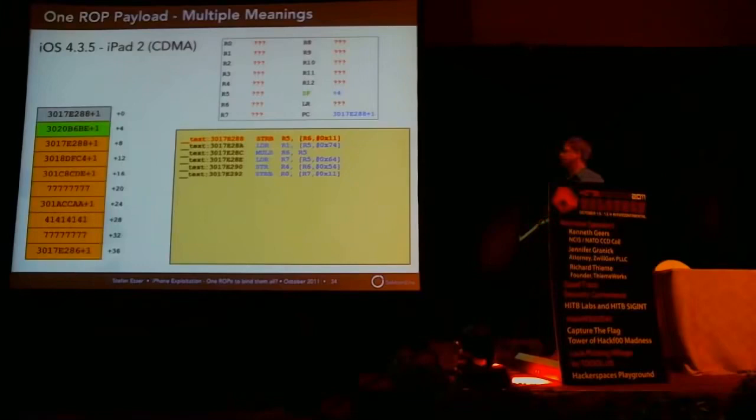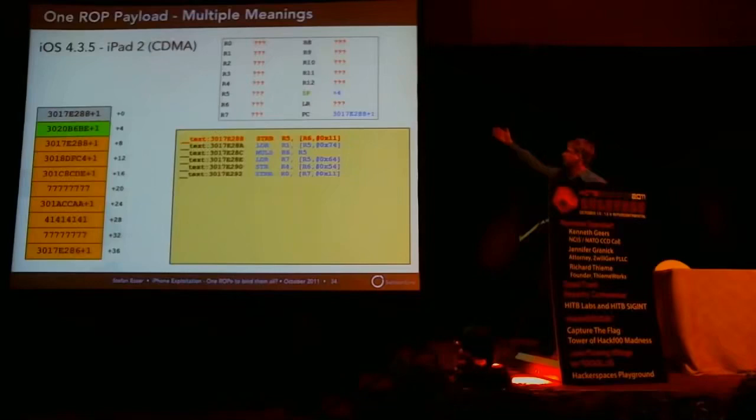When you go to the gadget, you see in gray the program counter right now. Then you disassemble the ARM opcodes, and you will see that it tries to write a byte from the R5 register into some address at the R6 register plus 11. Of course, this is an exploit, so we most probably don't know the status of the R6 register at the moment.